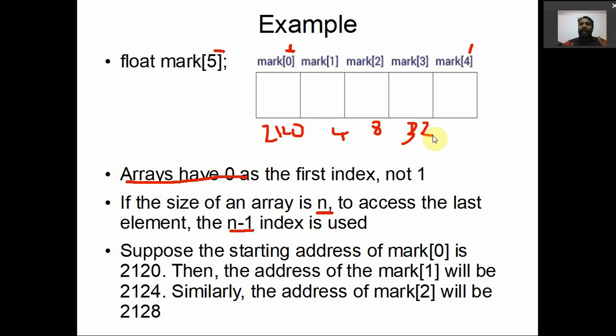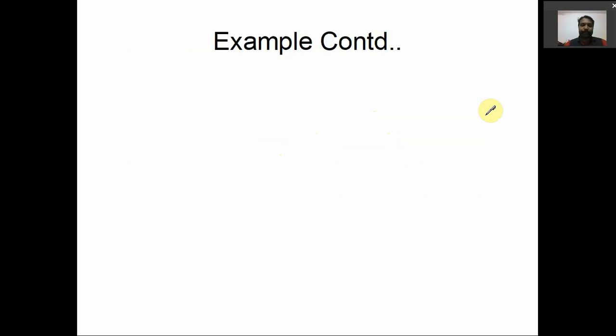So it will be contiguous memory allocation. If the first element is at 2120, second element will be at 2124, then third element at 2128, then 2132, 2136, like that it will go on. So the address allocation will be contiguous.